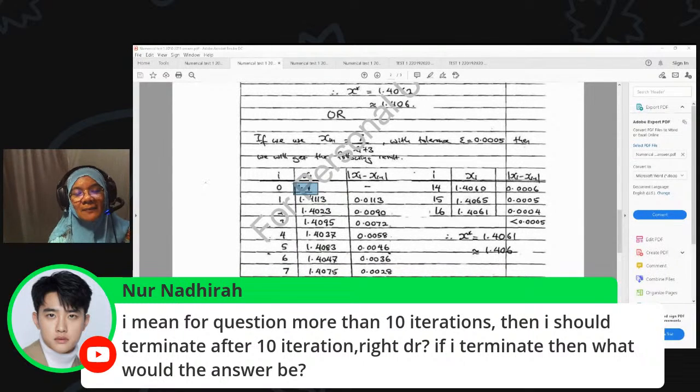For me, to create a question for test one, I make sure that the question is between iteration one to nine, and it is very difficult to get 10 iterations. Unless we are using a fixed point and the function is very simple, we can go to 16 or 12 iterations. For iteration methods, for example, Gauss-Seidel and Jacobi, but Jacobi and Gauss-Seidel are not in here.